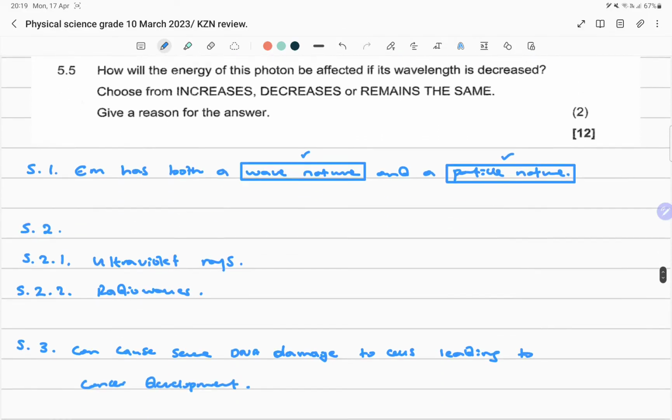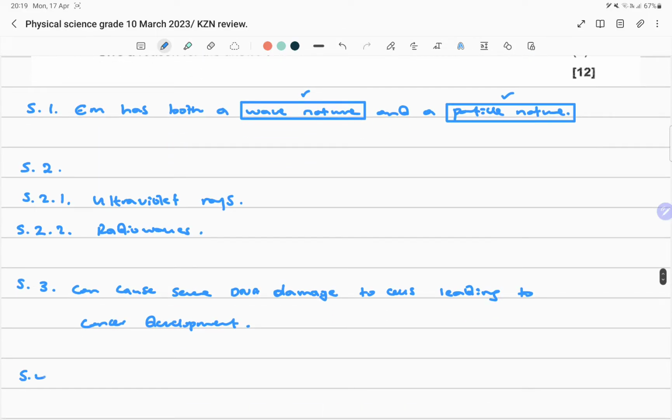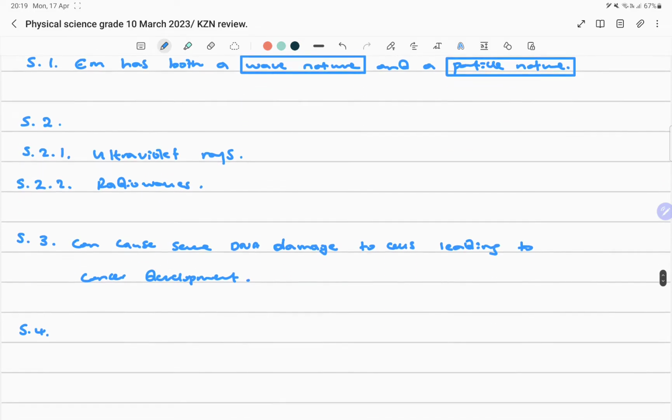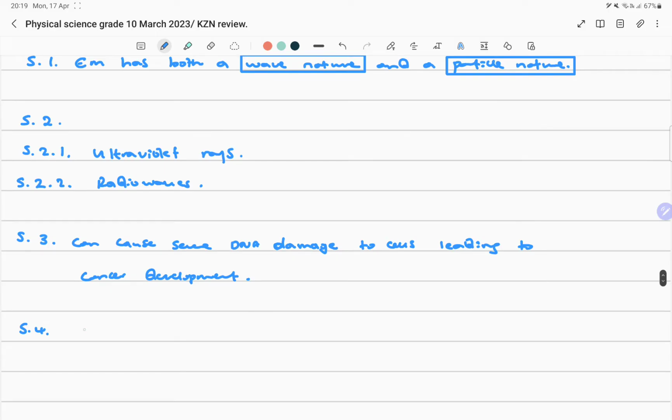Now it says 5.4. We are told here, a photon of an electromagnetic wave has a wavelength of 700 nanometers. Now calculate the energy associated with this photon. Let's see. We know that the energy of any photon is Planck's constant multiplied by the frequency of that photon.